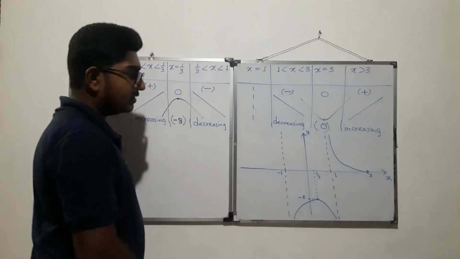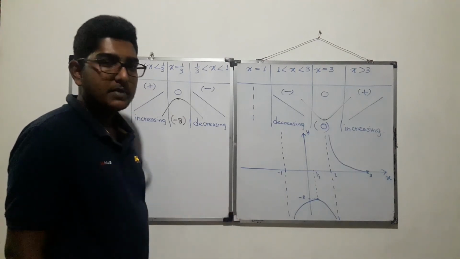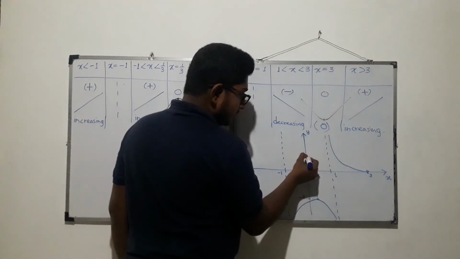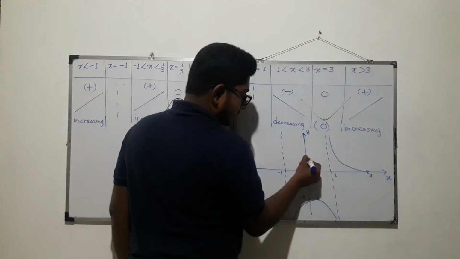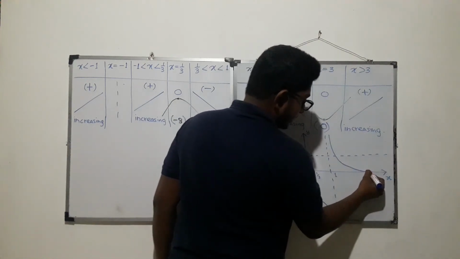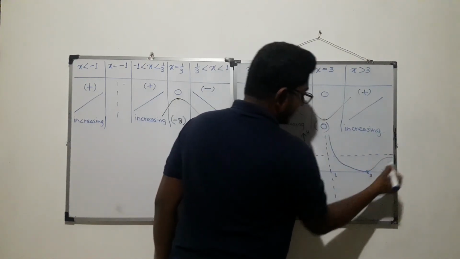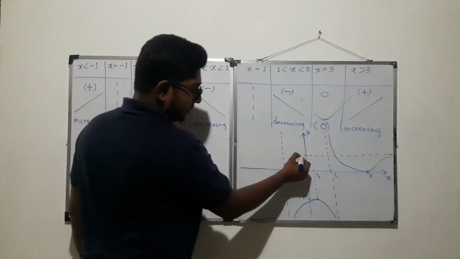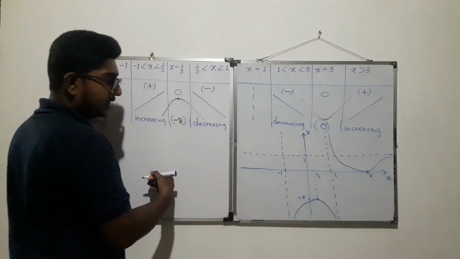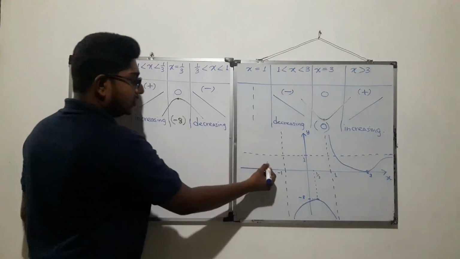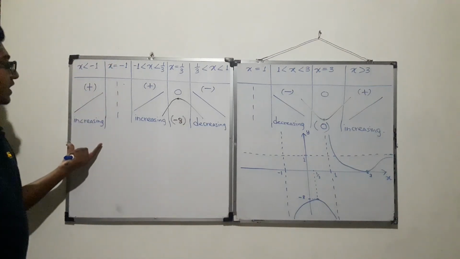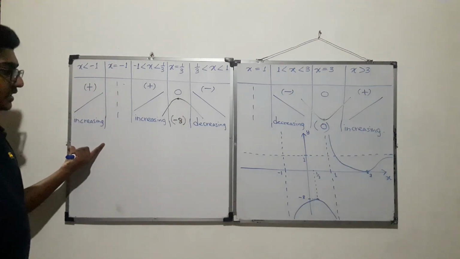We found limits of the function when x tends to plus or minus infinity. That means when x tends to plus infinity, the function is moving towards 1. Function is moving that way. When x tends to minus infinity, again it is moving towards 1. Less than minus 1, the gradient is increasing.